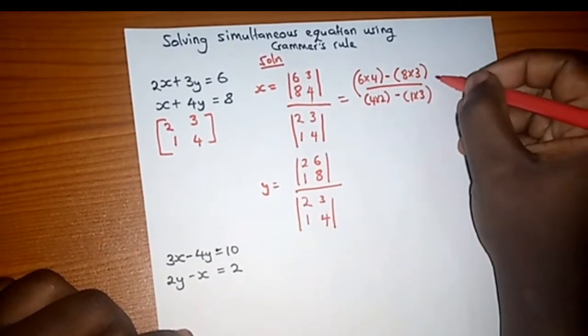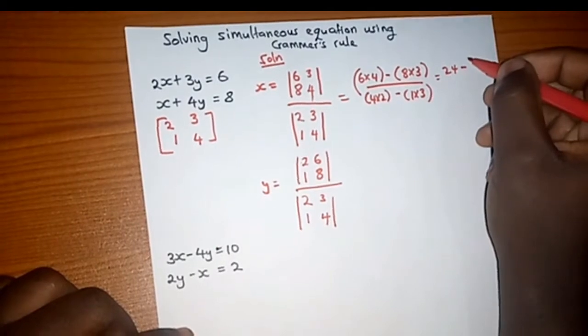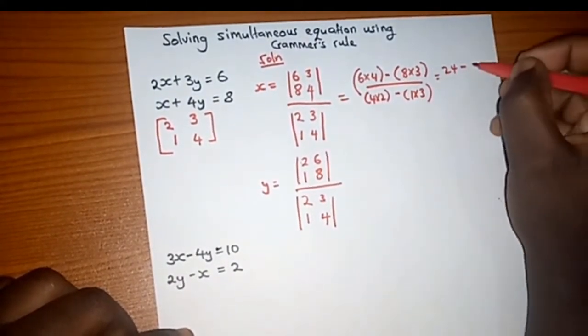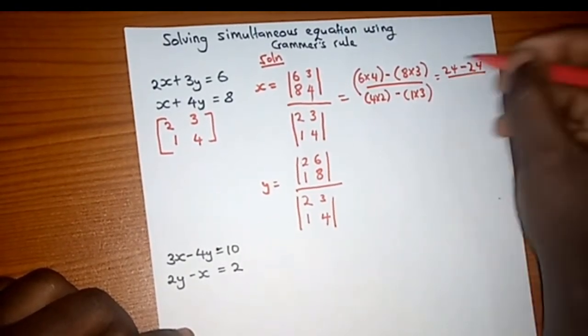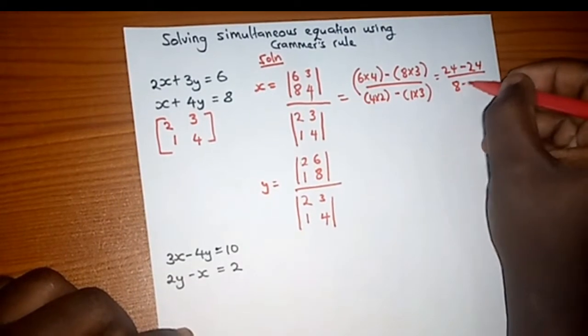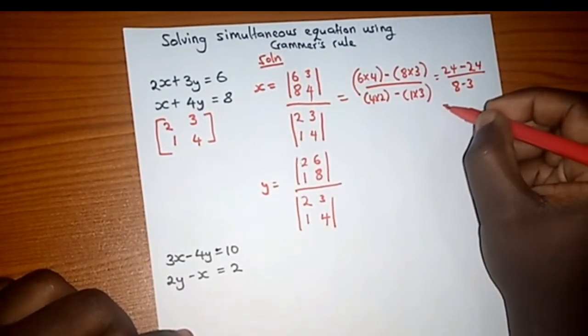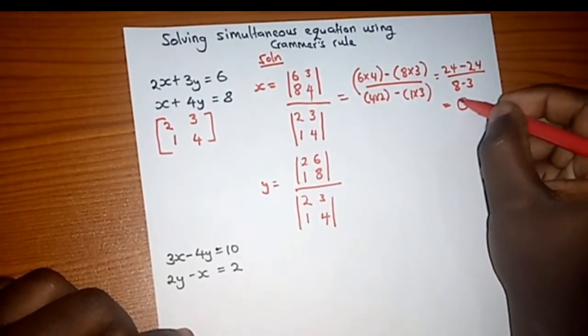So 6 times 4 you get 24 minus this 8 times 3, which also you get 24. Out of 4 times 2 you get 8 minus 3. So 24 minus 24 you get 0, out of 8 minus 3, which is 5. So the answer is 0.